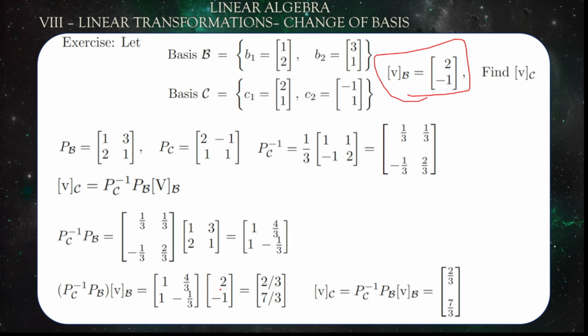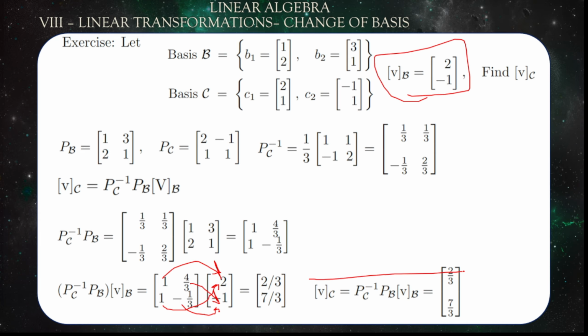So 1, 4/3, 1, minus 1/3, multiplied by 2, minus 1. It gives us 2 plus 8 divided by 3, 2 minus 4 divided by 3, which is 2/3, and then you multiply 1 by 2 and minus 1/3 by minus 1, so 2 plus 1/3, which is 7 divided by 3.